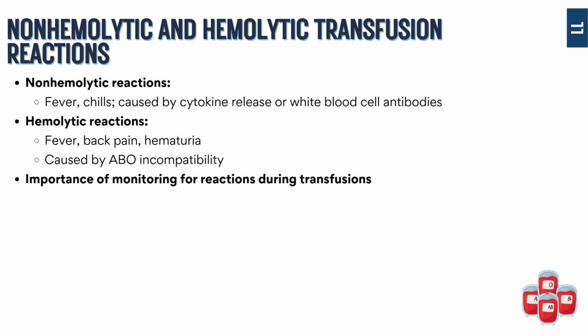So that's non-hemolytic. Now let's talk about hemolytic. This is probably what you think of more when you think of a blood transfusion reaction, okay? Acute hemolytic transfusion reactions are more severe and occur due to ABO incompatibility or other antigen-antibody mismatches, okay?